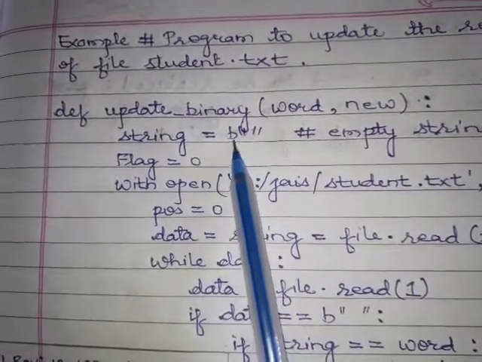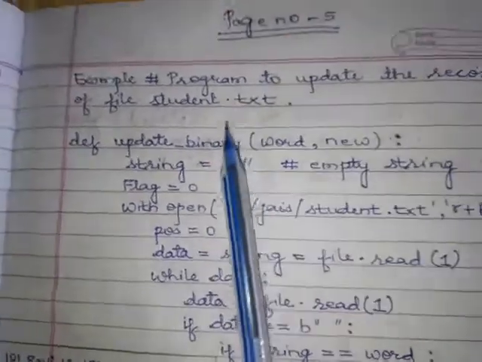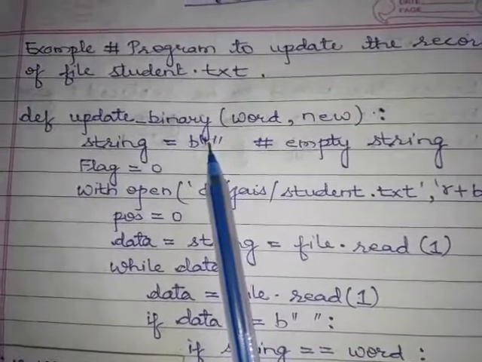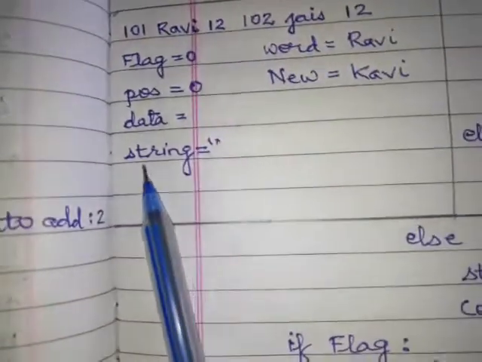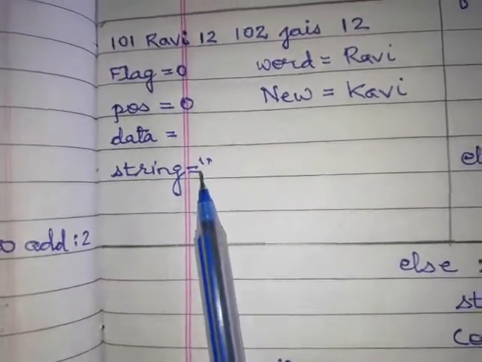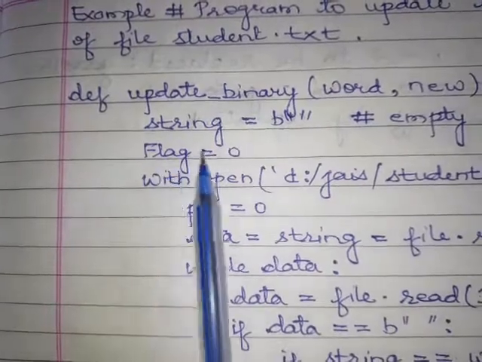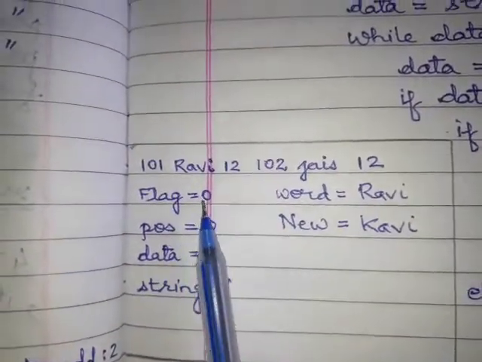So we put b at the start of the string. This is an empty string, here is no space. So we initialize our string variable with an empty string. Okay. Second, our second variable is a flag, which is initialized to 0.